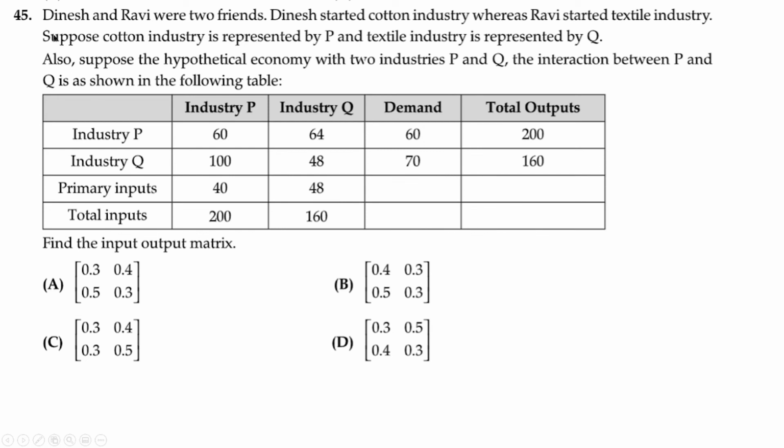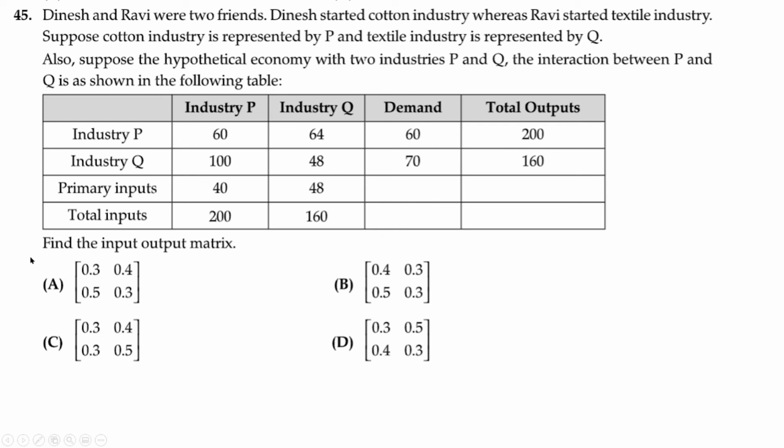The next question. Dinesh and Ravi are two friends. Dinesh started a cotton industry whereas Ravi started a textile industry. Suppose the cotton industry is represented by P and the textile industry by Q. And suppose in a hypothetical economy with two industries P and Q, the interaction between P and Q is as shown in the following table. So here we have industry P, industry Q, demand and the total output. Here we have the outputs and here we have the inputs.